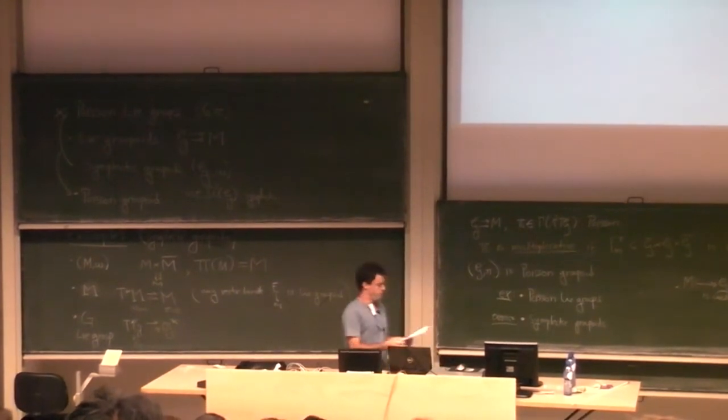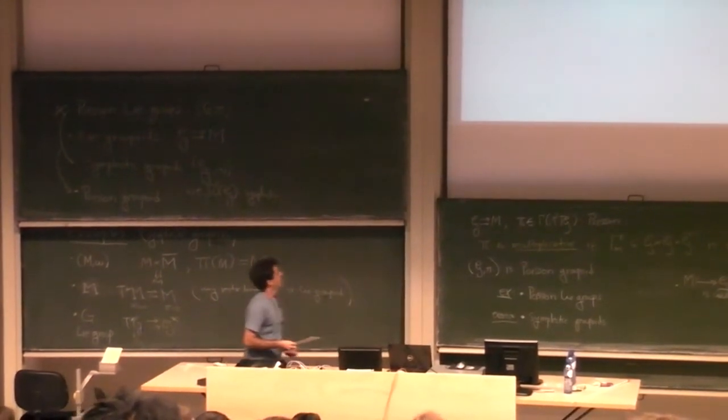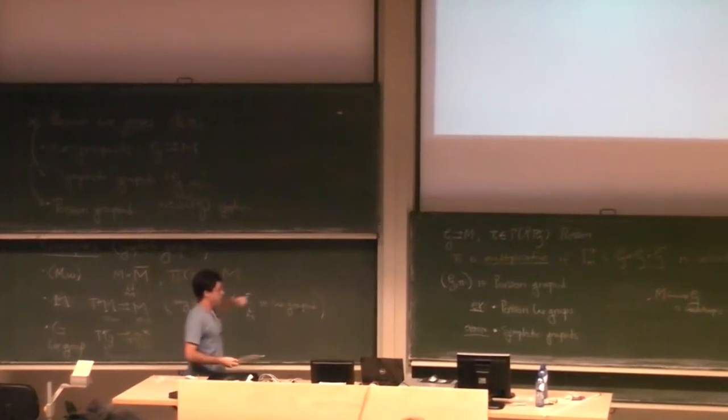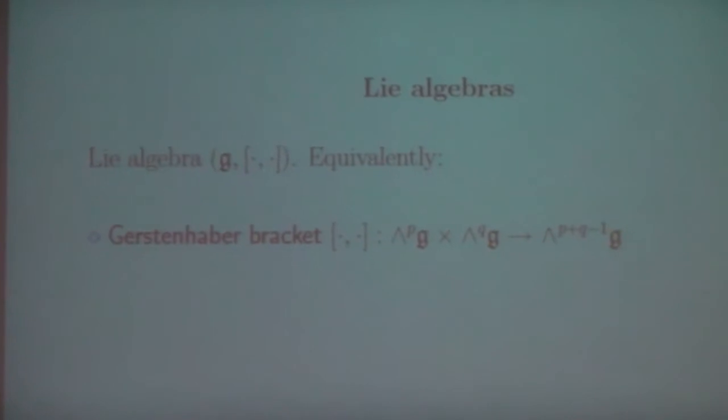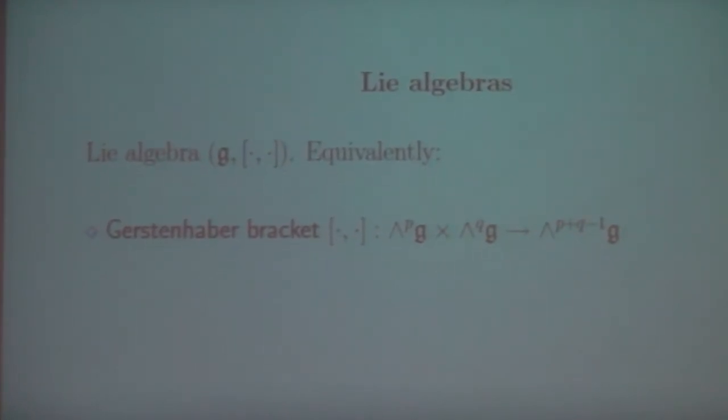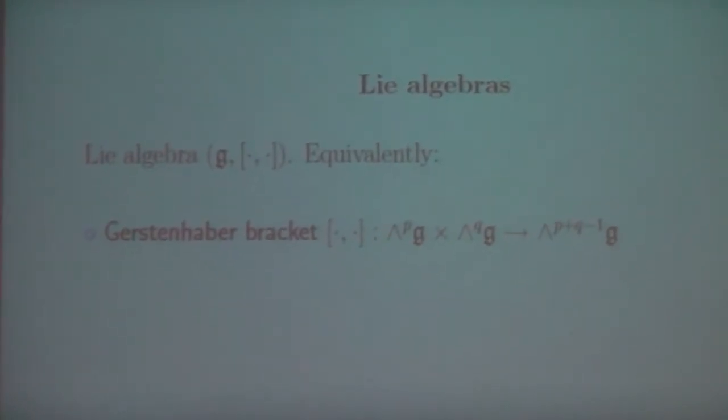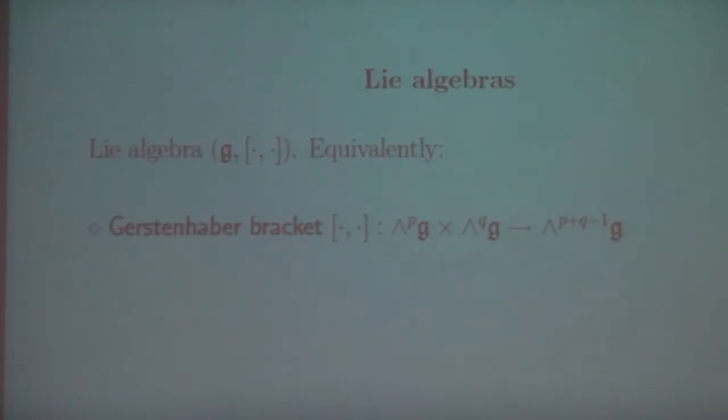Right. So just before I start talking about Poisson Lie groups at the infinitesimal level, let me remind you of a couple of things, because I'll be using them, which are different ways to look at the Lie algebra. So first of all, you can extend the Lie bracket to exterior powers of the Lie algebra. This is called a Gerstenhaber kind of bracket.